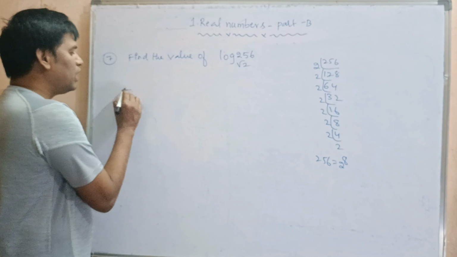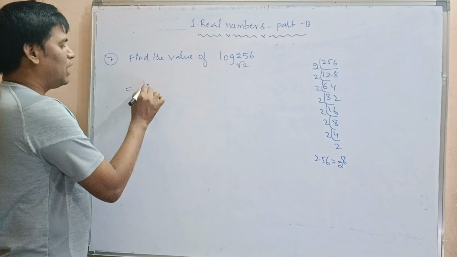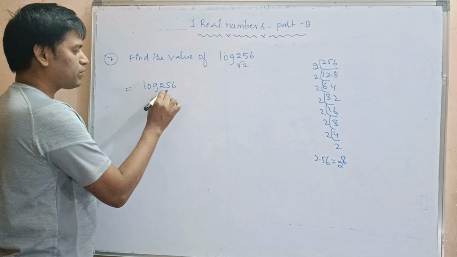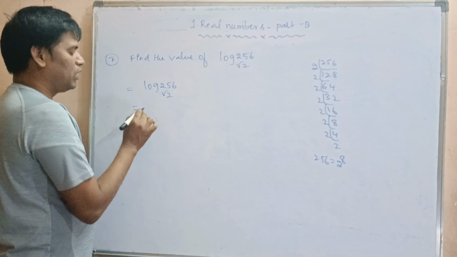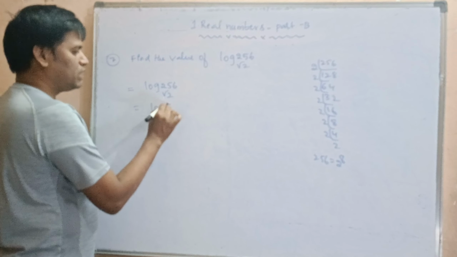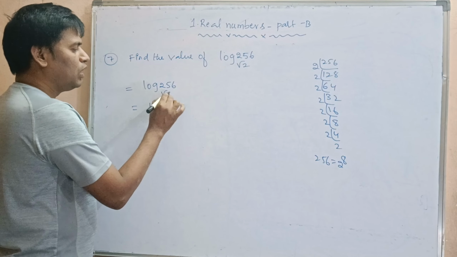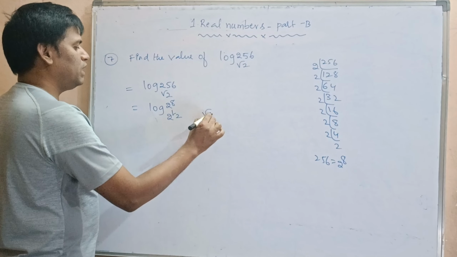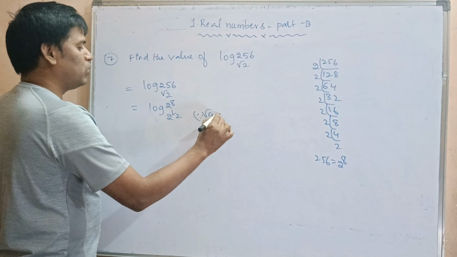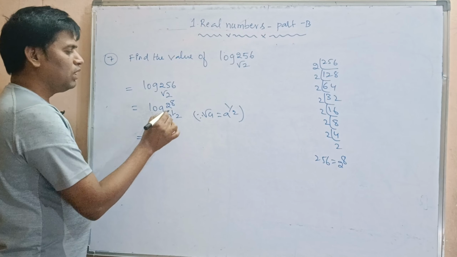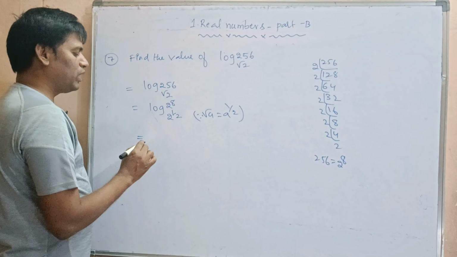Now you will do here log 256. This value I am converting into base 2 form: 2 power of 8, and root 2 is equal to 2 power of 1 by 2. Here the formula is root a is equal to a power of 1 by 2. Now log a power of m is equal to m log a.